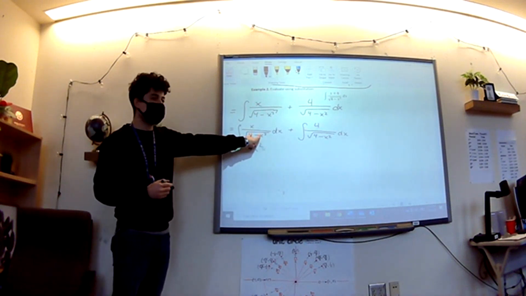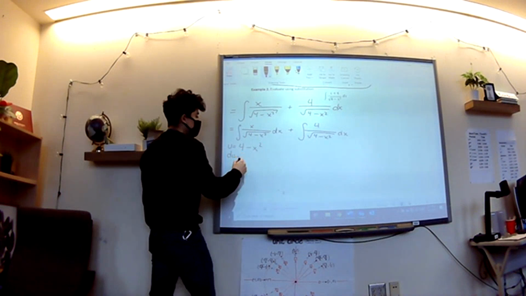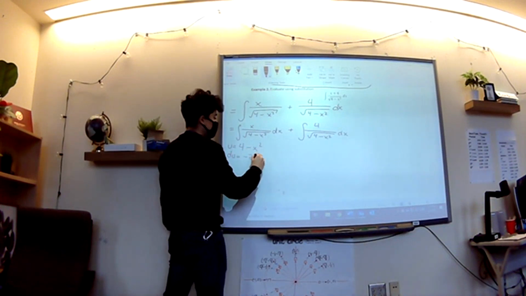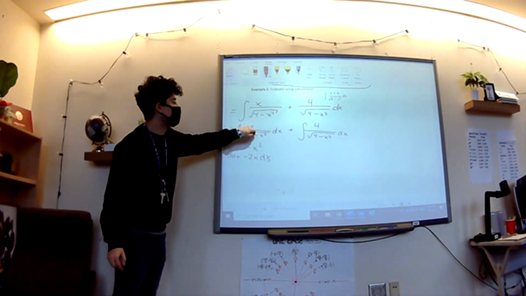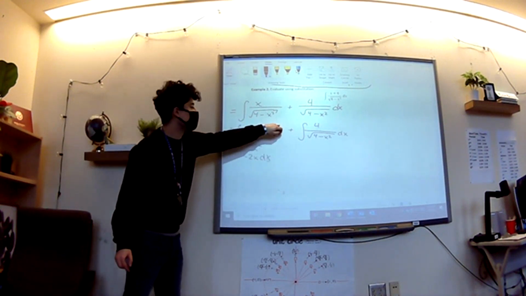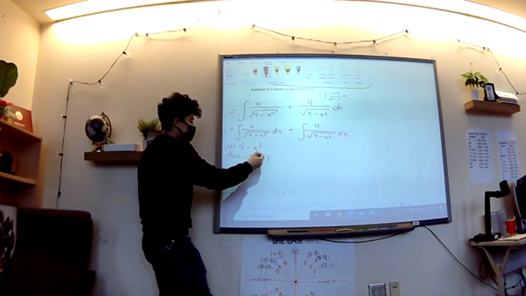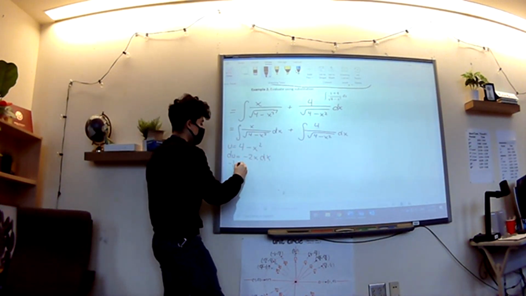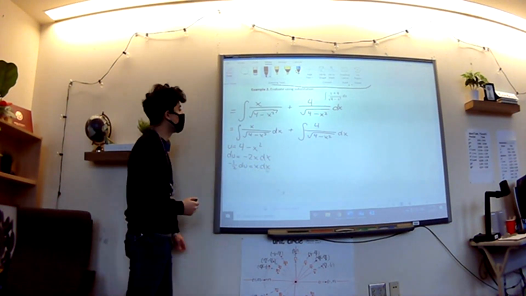You should have made your u this, because then your du is just negative 2x dx, which is not exactly all that's left over. I want to replace x dx, but this is just a constant multiple difference, so if I divide by negative 2, then I get exactly what I want to replace.